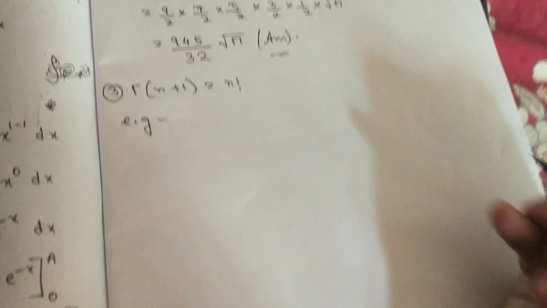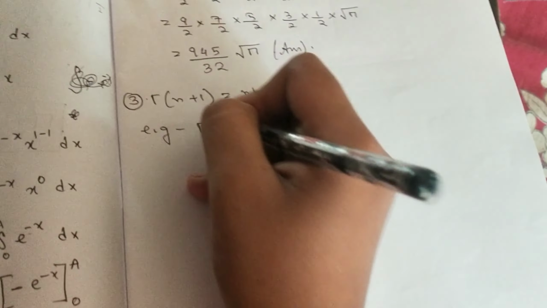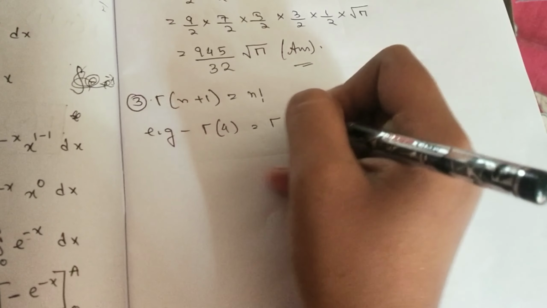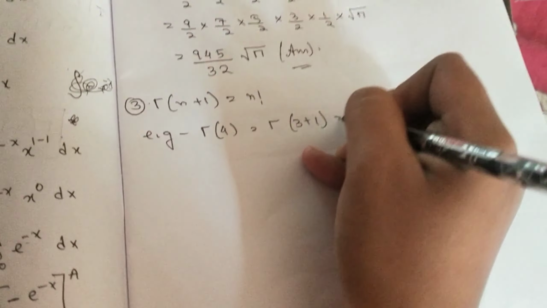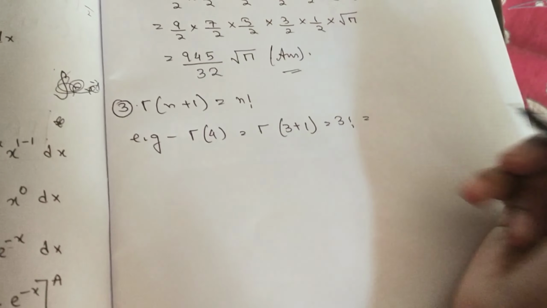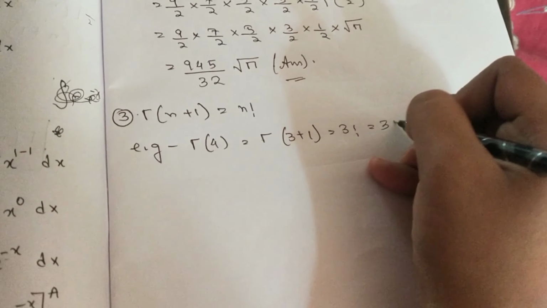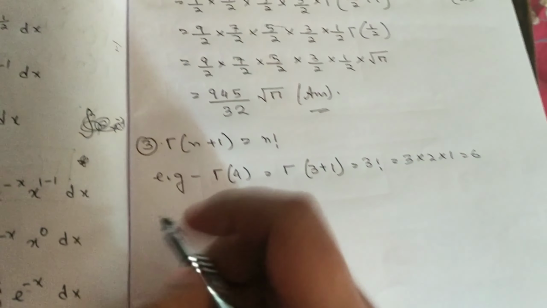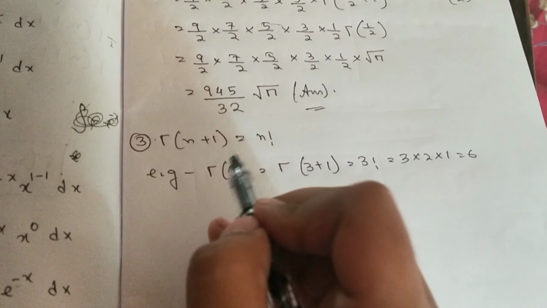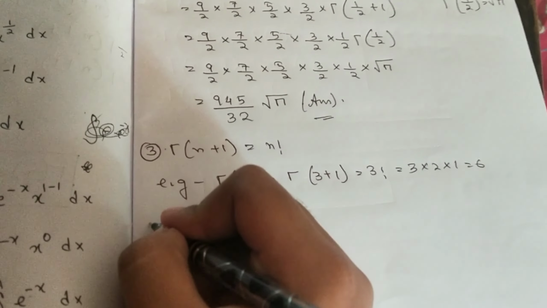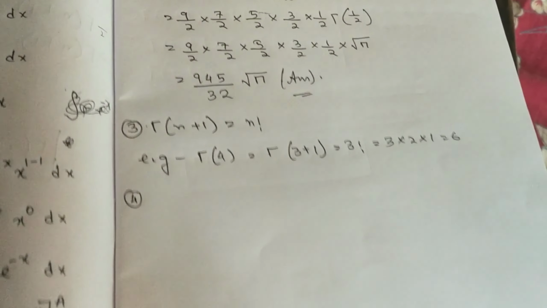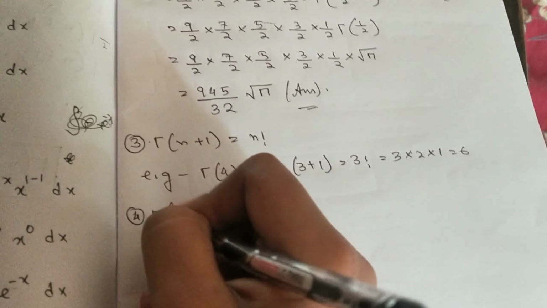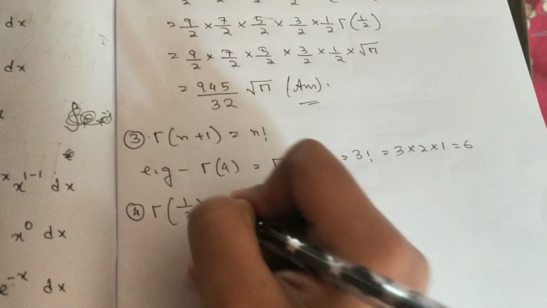Example such as gamma 4 equal to gamma 3 plus 1 equal to 3 factorial, and 3 factorial means 3 into 2 into 1 equal to 6. So this is the number 3 property. Property 4 is that gamma half, I have told you, equal to root over pi.